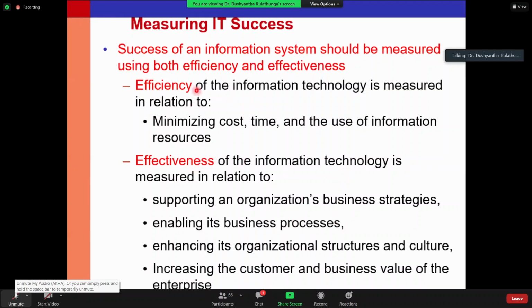Okay, is there any question regarding efficiency measurements and effectiveness measurements? The silence indicates understood or not understood at all.